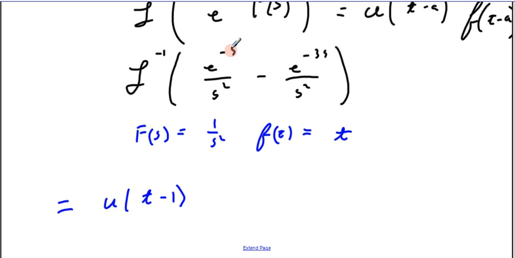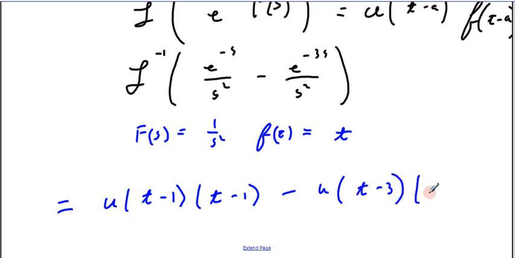There's a 1 sitting there. T minus 1, because the function is t, so it would be t minus 1. Minus, it's that minus sign sitting right there, the unit step function u(t minus 3) times the function t minus 3.